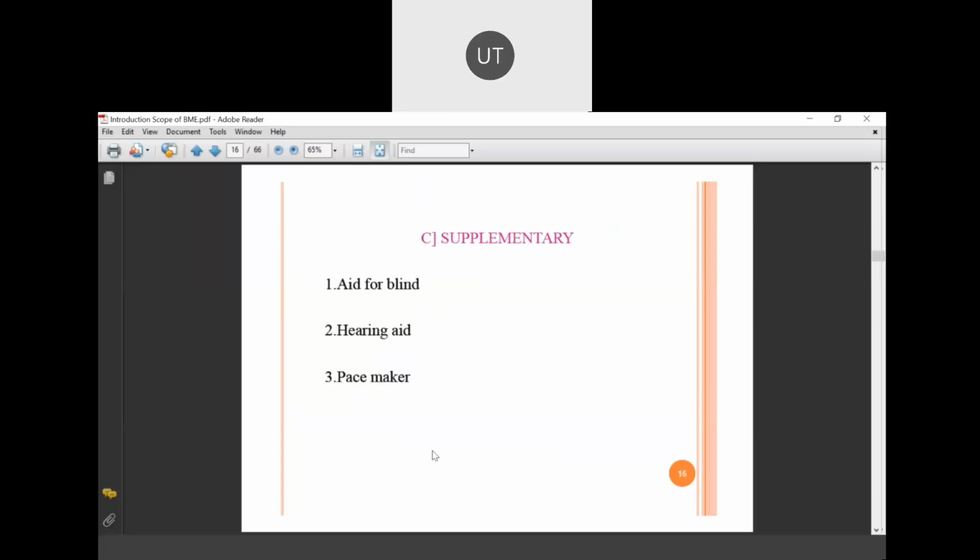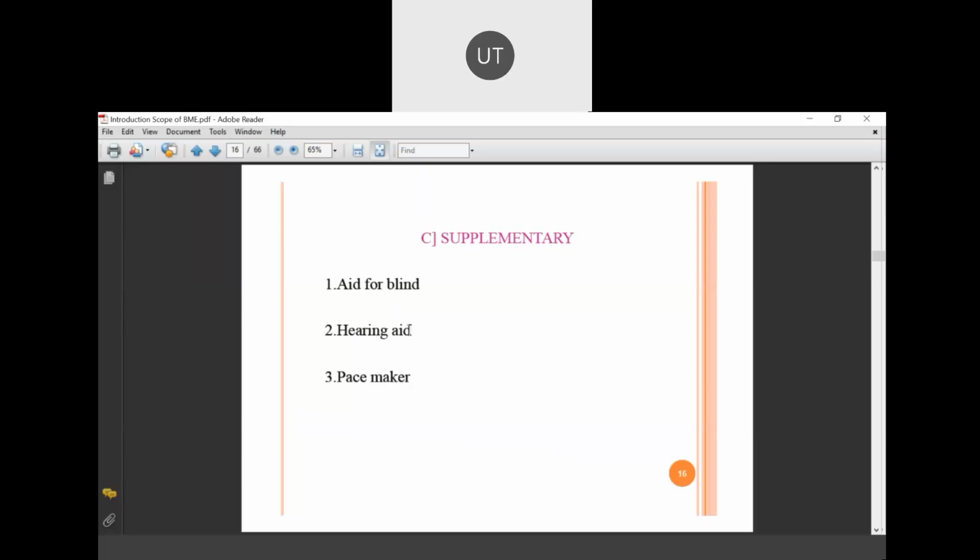Supplementary instruments, that is aid for blind. Hearing aid: the persons who have a hearing disability, or whose hearing capacity is very low, are going to use the hearing aid. Okay, then pacemaker: when the pulses or beats of the heart are somewhere fast or slow, in order to bring it into the proper rhythm, the instrument used is called the pacemaker.